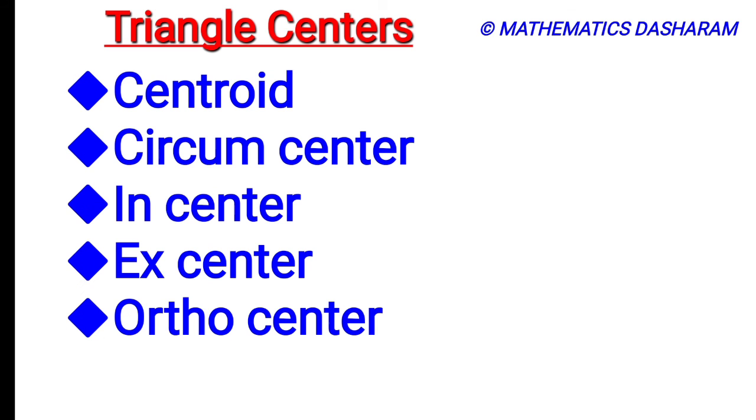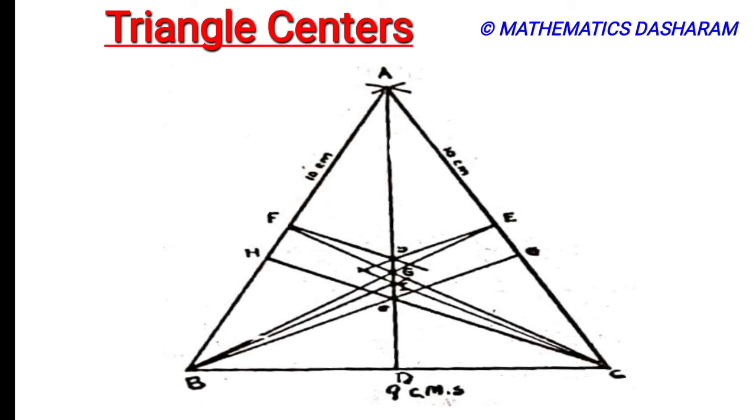So finally, the centroid is denoted with a capital G, the circumcenter with a capital S, the incenter with a capital I, and the orthocenter with a capital O. When you locate these four centers in an isosceles triangle, these four centers will lie on the same line.